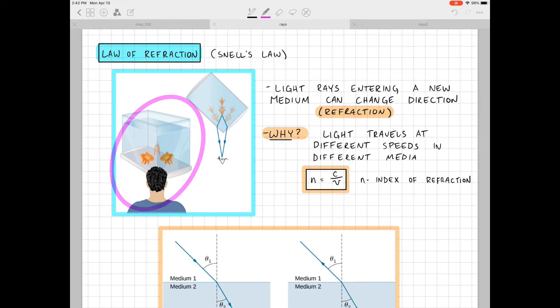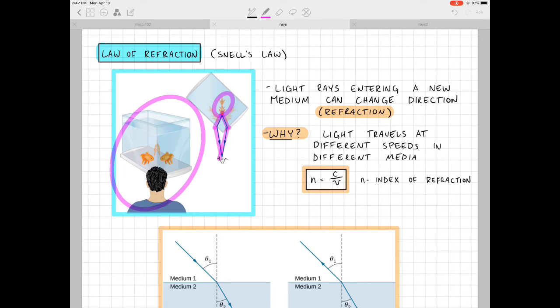Even though there's only one fish, you can see the fish itself is actually in the center, and the rays that are leaving the fish tank bend and make their way to the observer's eye, giving rise to multiple images of the fish.